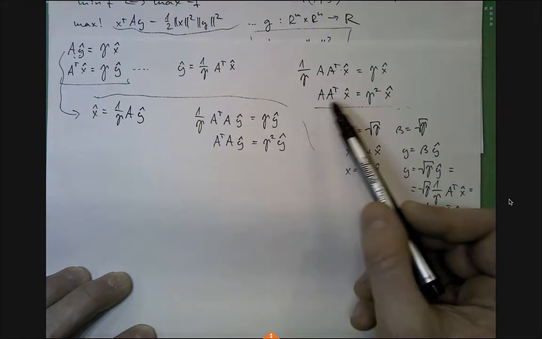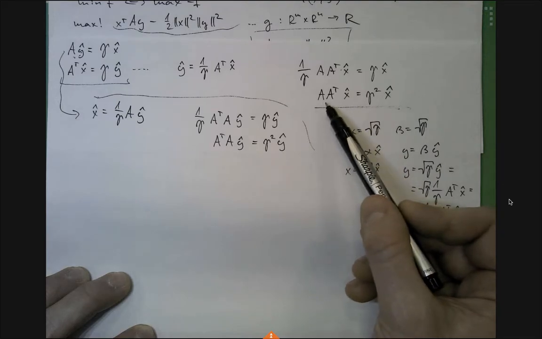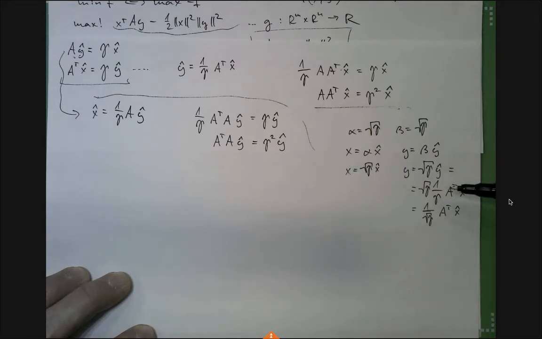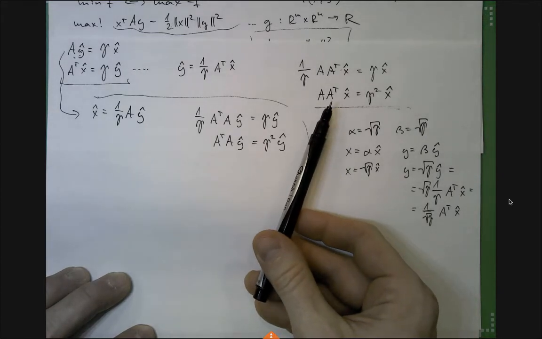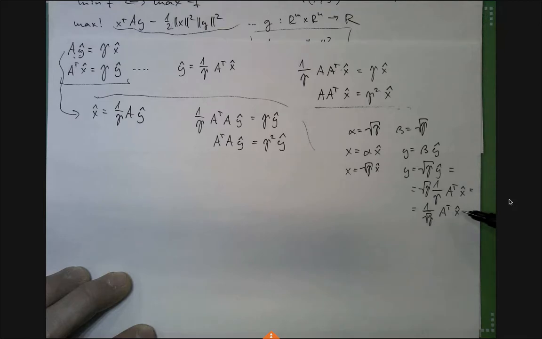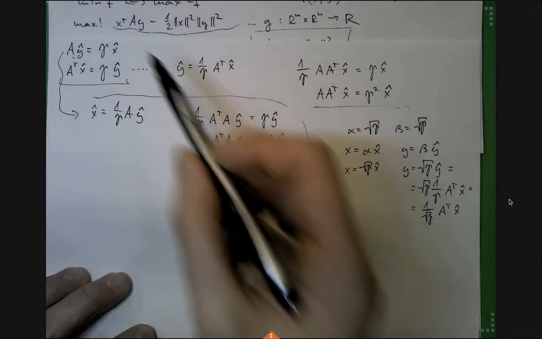If this is an n by n matrix, then for AAT, the standard stuff applies. It's symmetric, so all the eigenvectors exist. There's no such thing as a defective matrix, so I will have n eigenvectors. I could be calling them x_i and x_i hat, and gamma_i, but let's not do that.